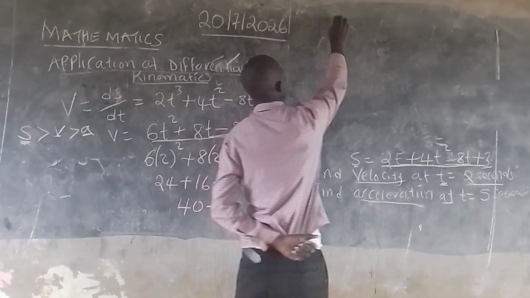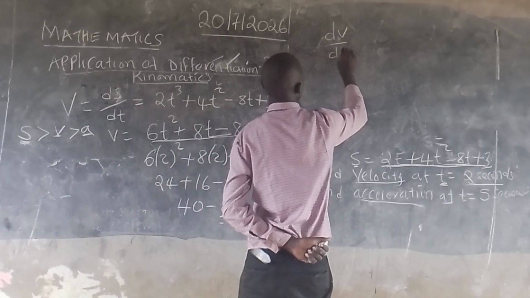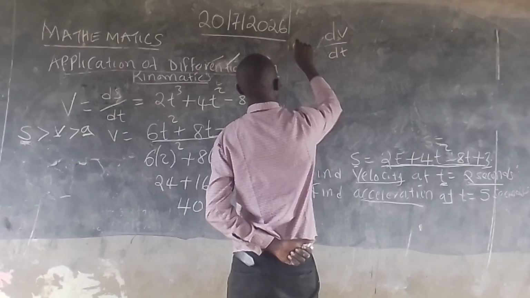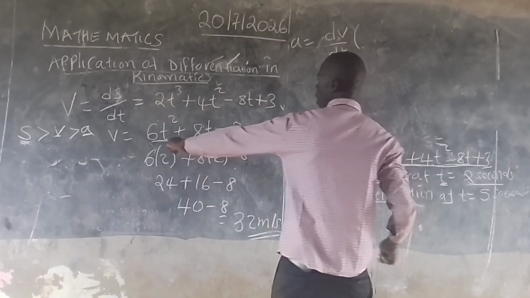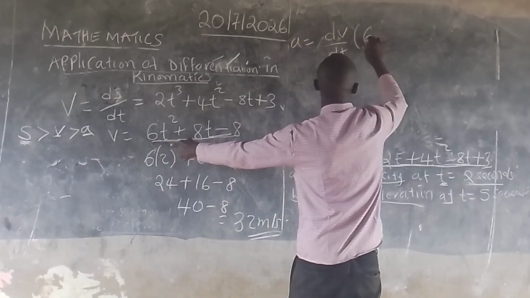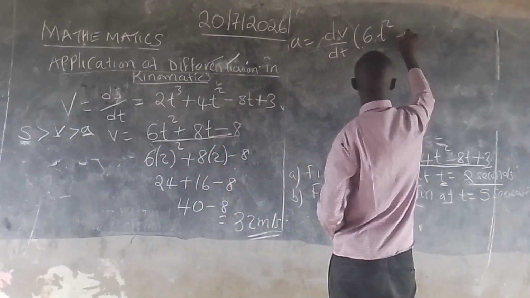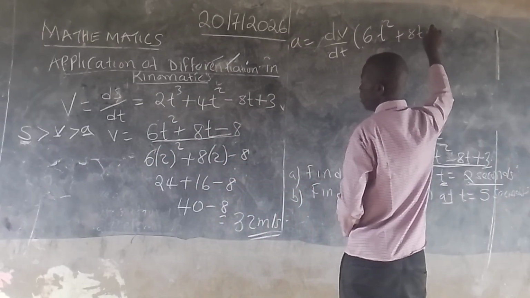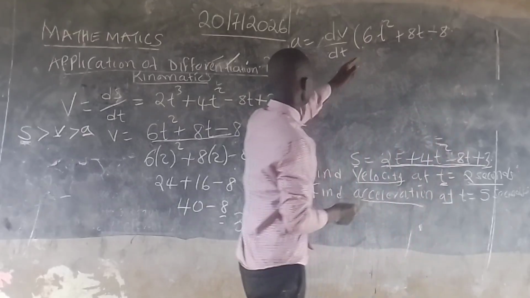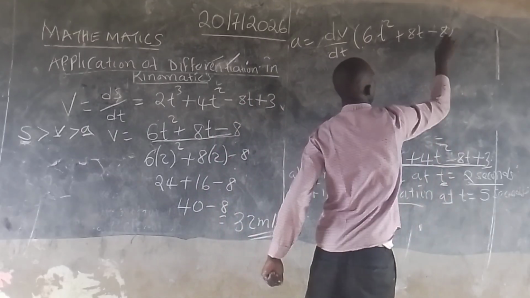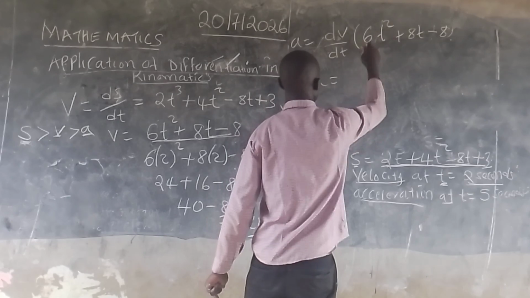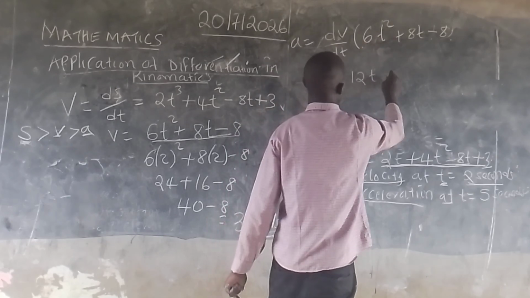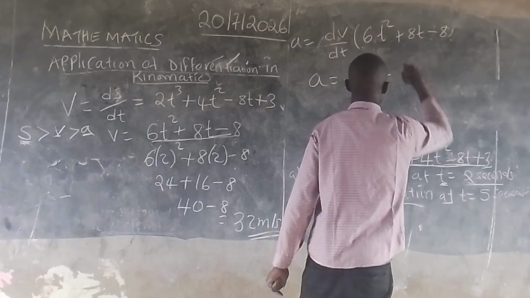Now, here we have the velocity equation. We say that acceleration is given by dv/dt. So which equation do we differentiate? We differentiate the velocity equation, 6t squared plus 8t minus 8. If we differentiate this, we will be able to get the acceleration equation equal to, now we bring the power down, 12t plus 8.